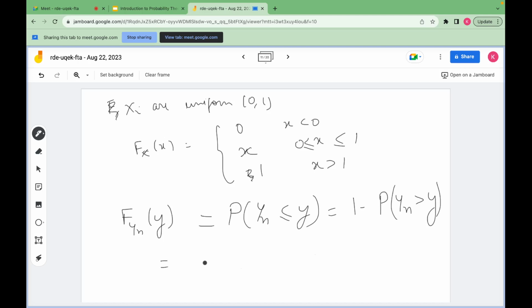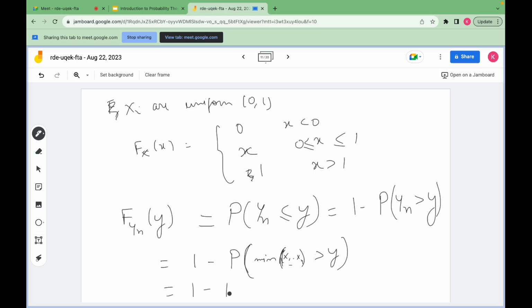Then we can write this as 1 minus the probability that the minimum of X1 till Xn is greater than y. If the minimum value of any sequence is greater than something, then all the values will be greater than that thing.